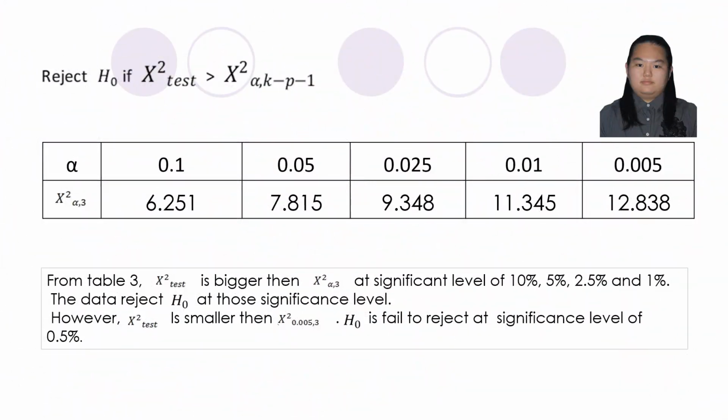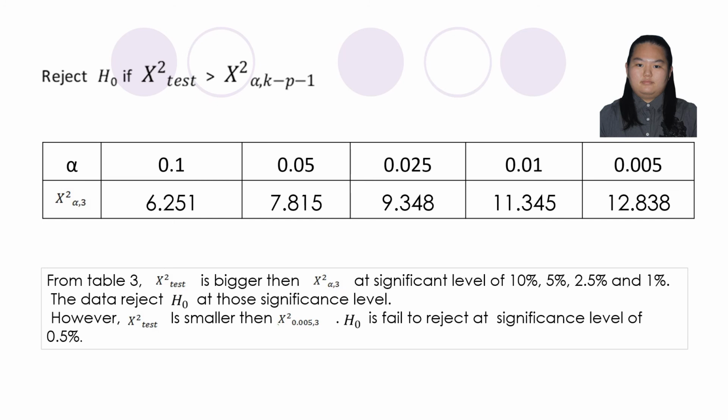For the decision rule, we will reject H0 if the chi-square test is larger than the chi-square alpha. The question does not mention the significance level. Therefore, we list out all the significance levels from 0.5% to 10%. From table 3, the chi-square test is bigger than chi-square alpha at significance levels of 10%, 5%, 2.5%, and 1%.